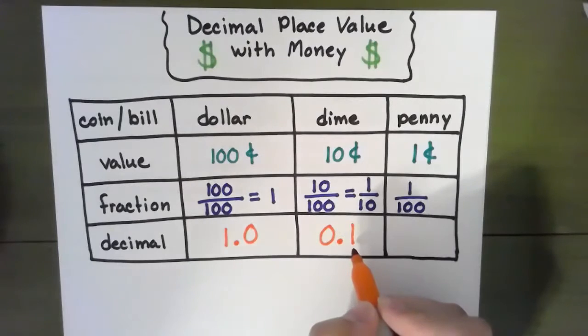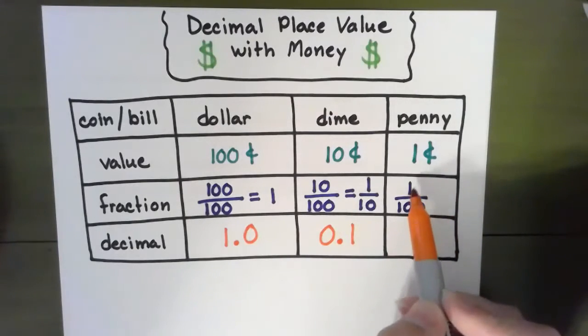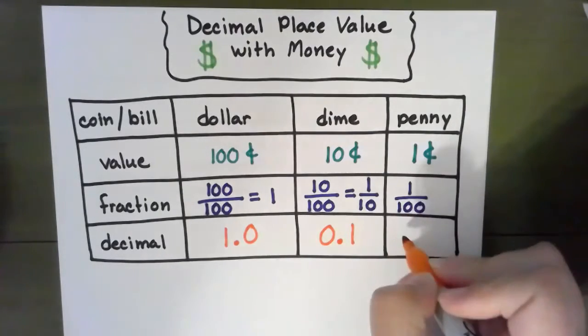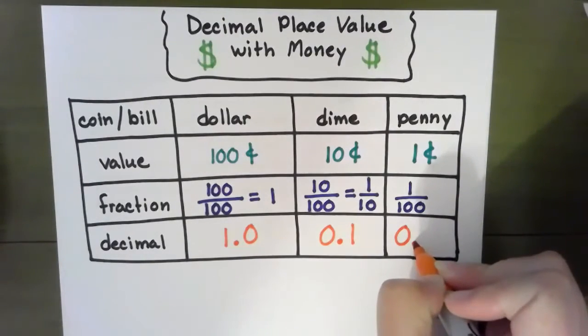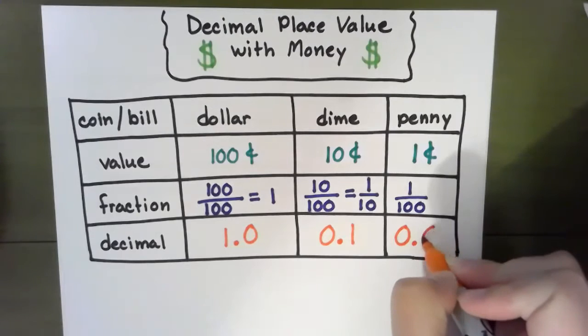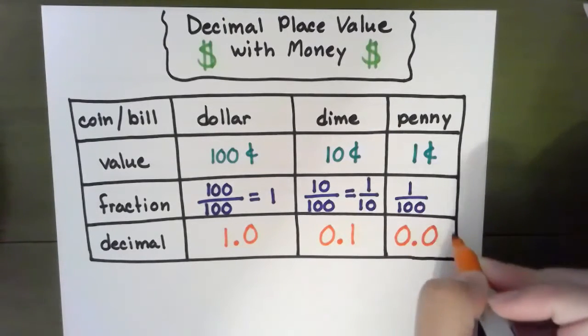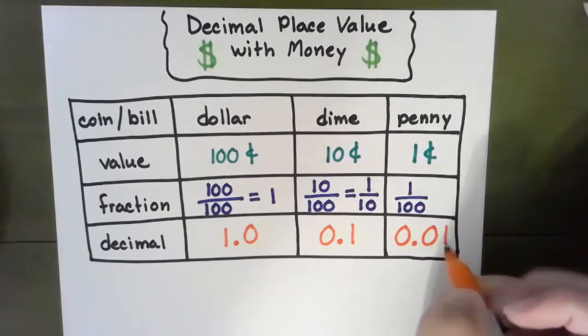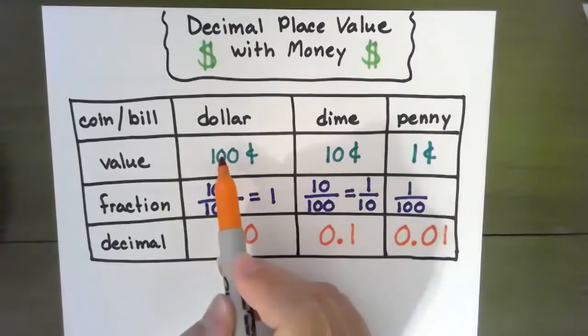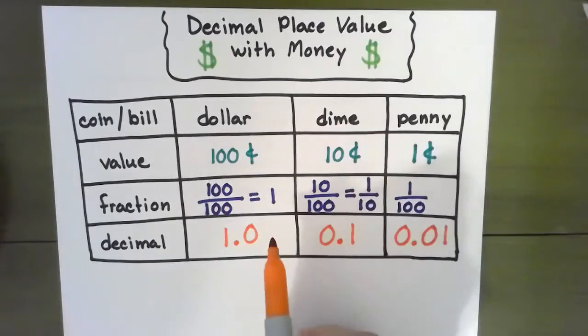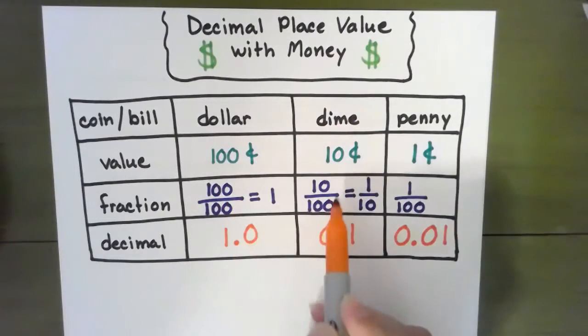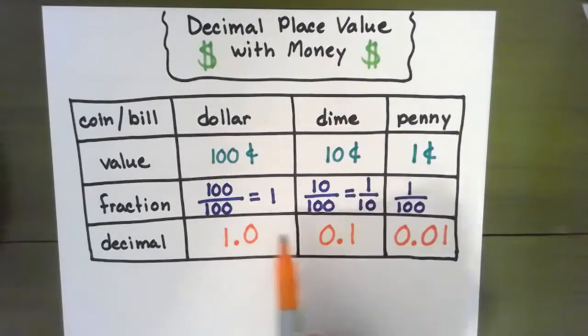To represent a penny, because it represents 1/100th, we need to have a 0 in the ones place, our decimal point, no tenths, 1/100th. Now you have your cent value of each of these pieces of money, your fraction value, and your decimal value.